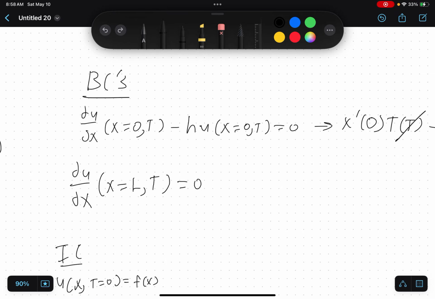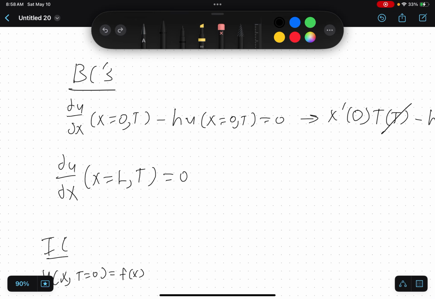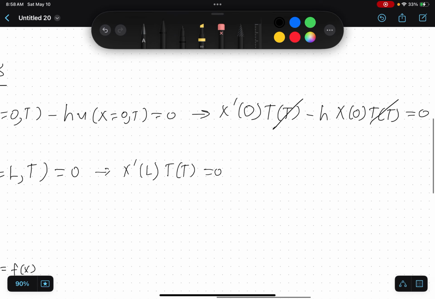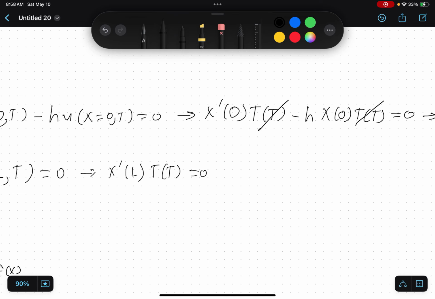Okay, next one. It's x prime at L times T at t equals 0. And just like above, t doesn't matter.